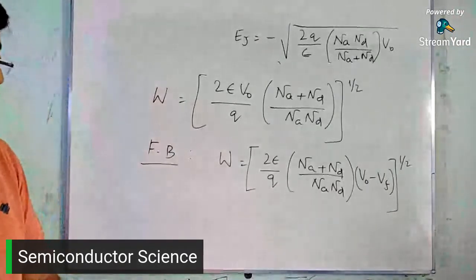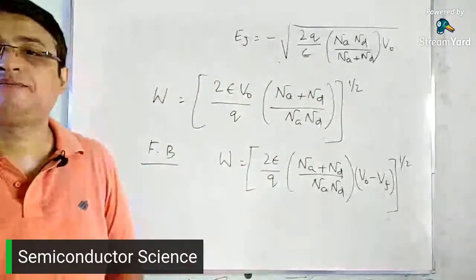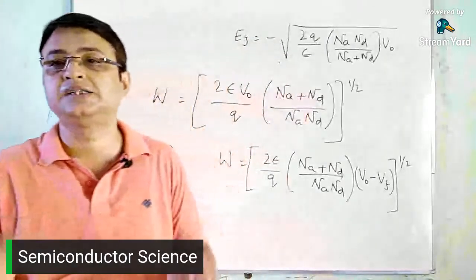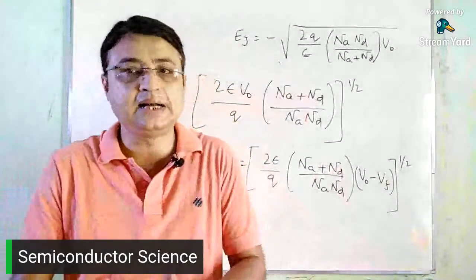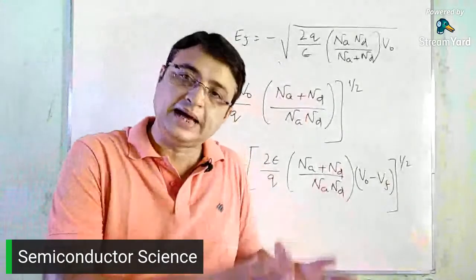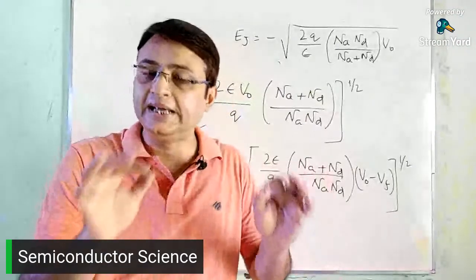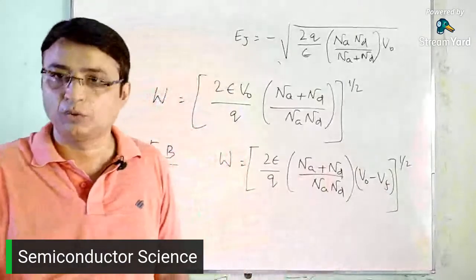So actually, in this class, I have discussed the space charge region, the depletion region, and then after completing the PN junction in equilibrium, we moved on to apply forward bias.